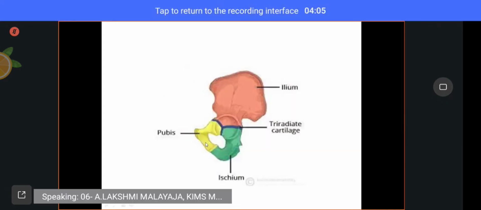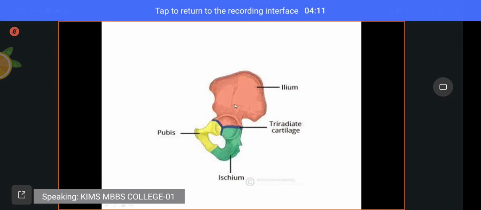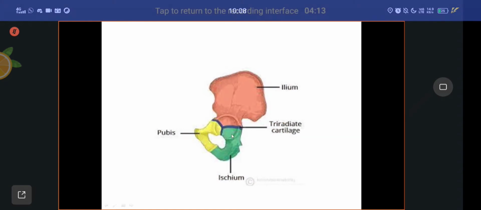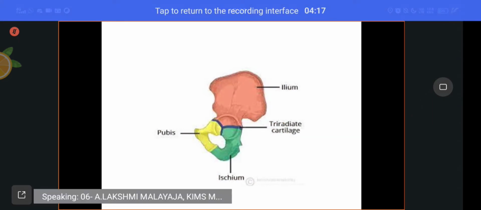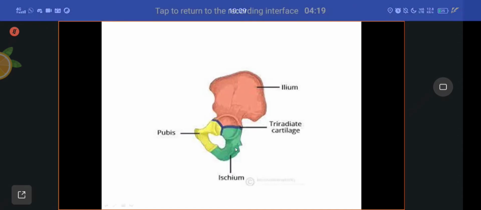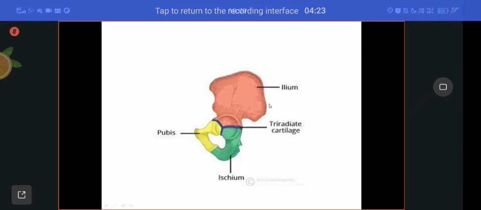And how is this acetabulum formed? The upper 2/5 is formed by the ilium, the posterior and inferior 2/5 by the ischium, and the anterior 1/5 by the pubis. What are the three parts of the hip bone?